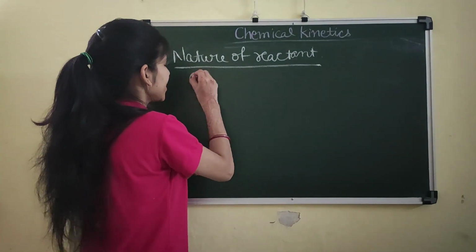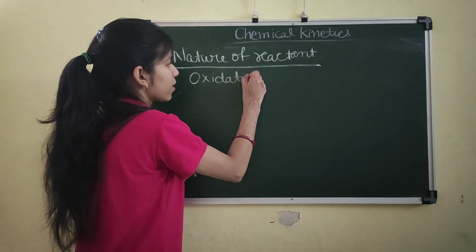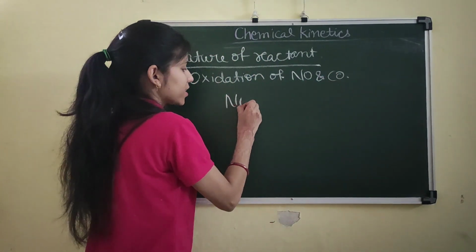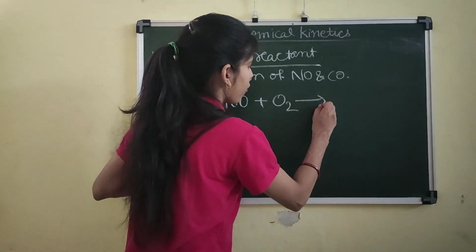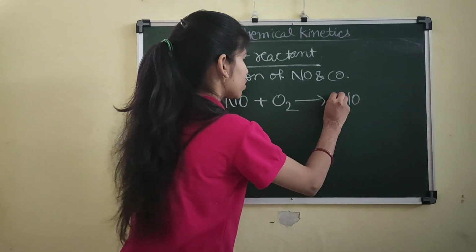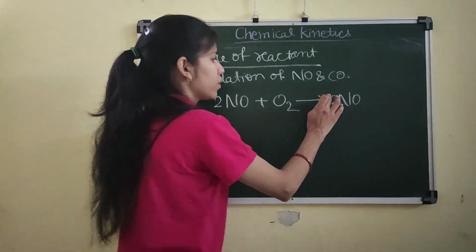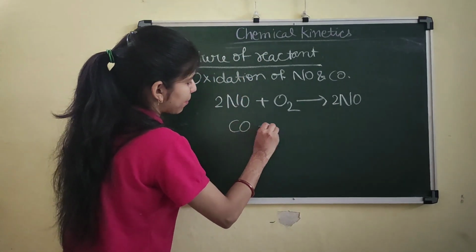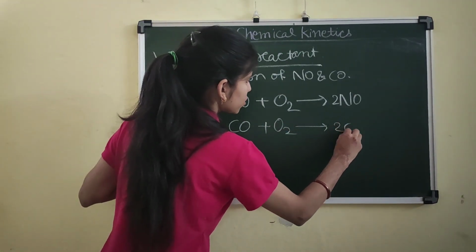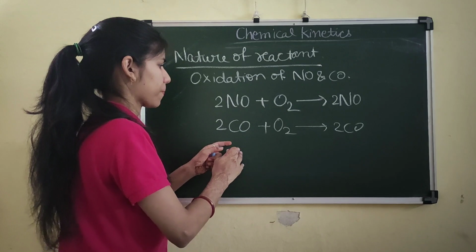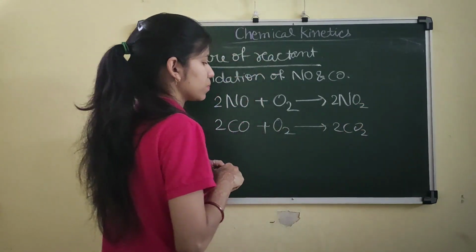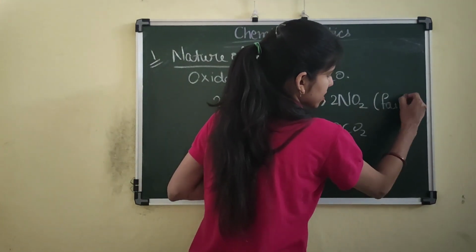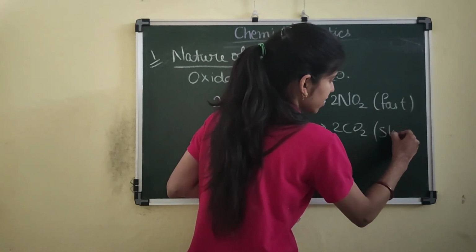For example, the oxidation of nitric oxide or carbon monoxide: 2NO forms 2NO2, and 2CO forms 2CO2. In one the rate of reaction is very fast and in the other it is very slow.